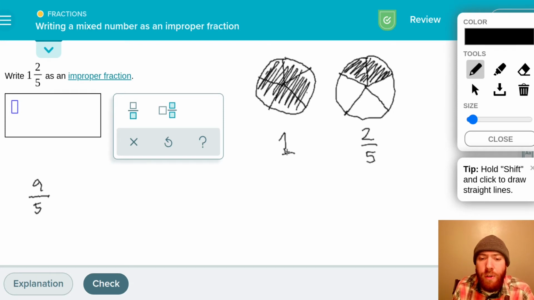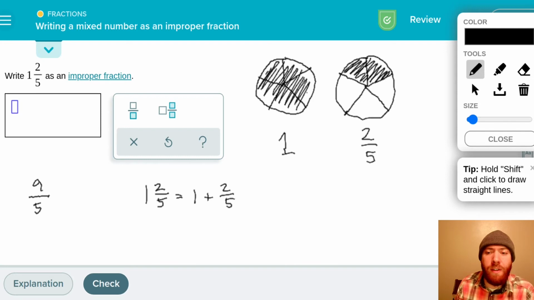And you should know that writing a fraction as a mixed number like this, 1 2/5, means the same as 1 plus 2/5. Right? Just like these circles show, 1 2/5 means 1 plus 2/5 more.